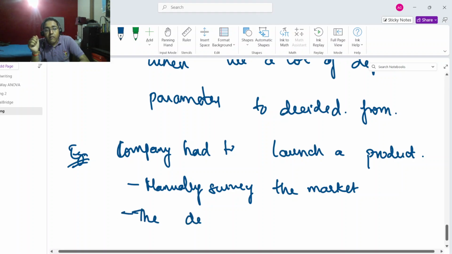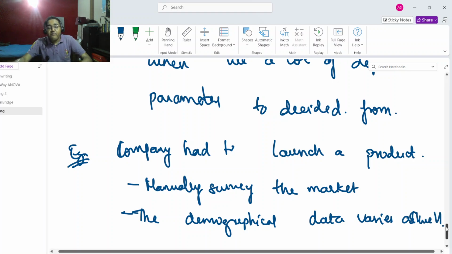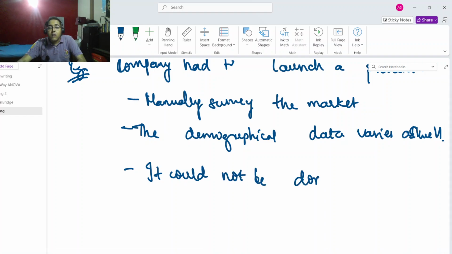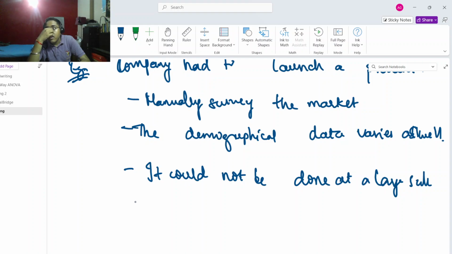The demographical data varied as well, and it could not be done at a large scale because it was manual. We didn't have machines. Even if we had statistical tools, we didn't have the modern-day technology to do things at a very large scale.